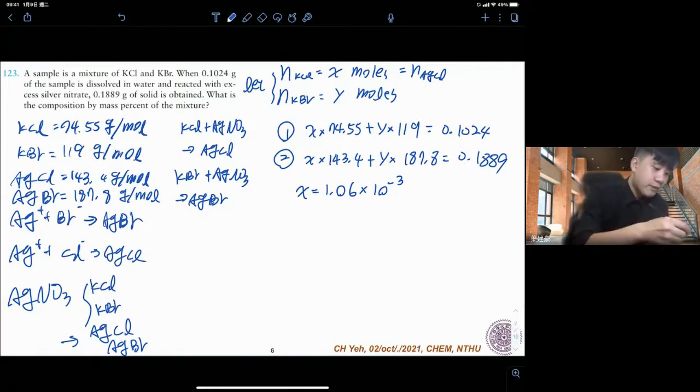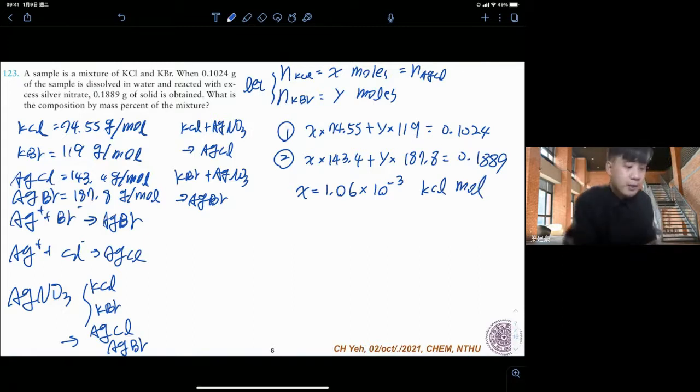Again, we have the moles of potassium chloride, so we can calculate the mass in grams, and then we can calculate how much potassium bromide there is in the mixture.